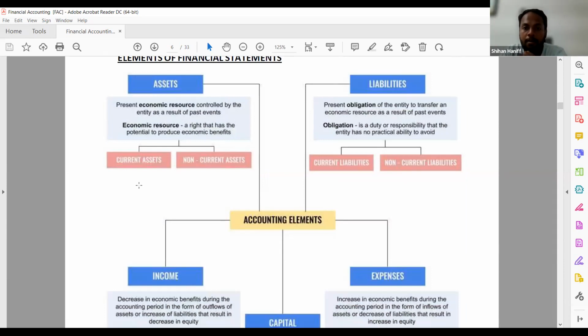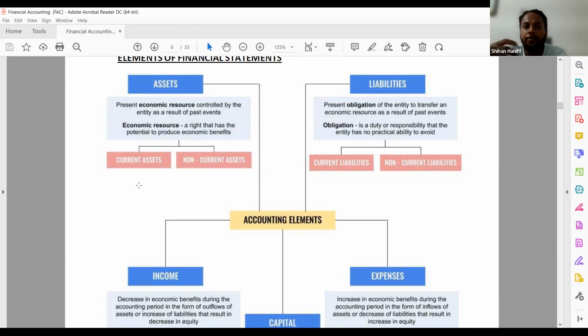To remember assets, you need to remember the definition and understand the important characteristics in it. Asset has three characteristics. Number one, present economic resource. Economic resource means it has a right to produce economic benefits.